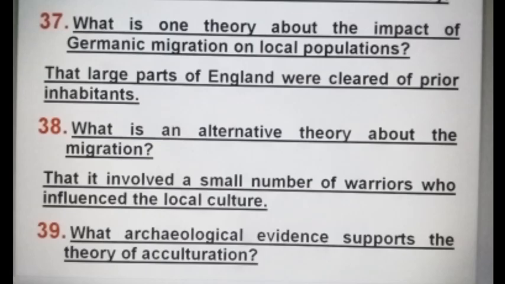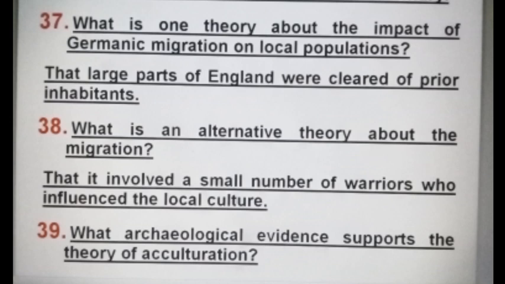What is one theory about the impact of Germanic migration on local populations? That large parts of England were cleared of prior inhabitants. What is an alternative theory about the migration? That it involved a small number of warriors who influenced the local culture.